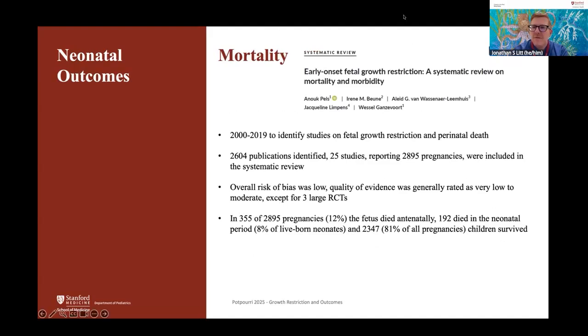We also recognize that being growth restricted, particularly early onset, so early in fetal life, increases your likelihood of not surviving to delivery. This is a meta-analysis of 25 studies, reporting nearly 3,000 pregnancies and looking at the risk of stillbirth or antenatal death, although recognizing that the quality of the evidence from these was low.